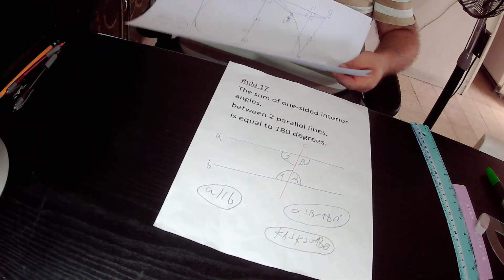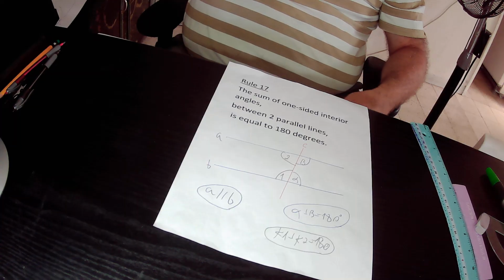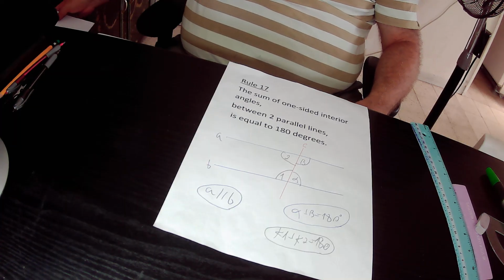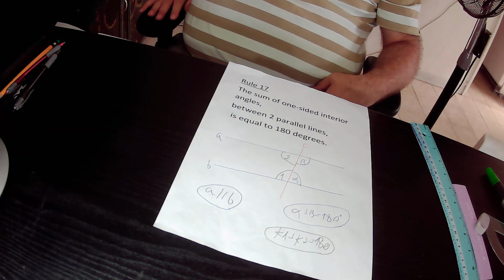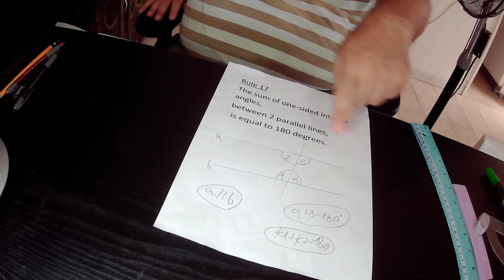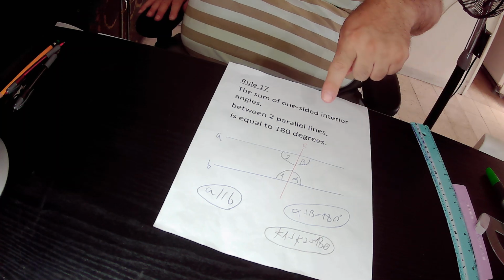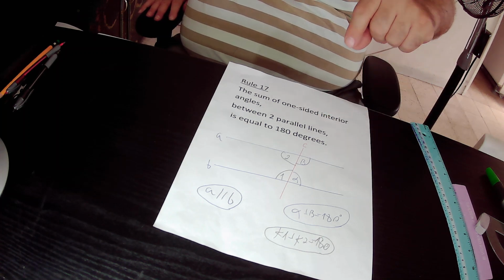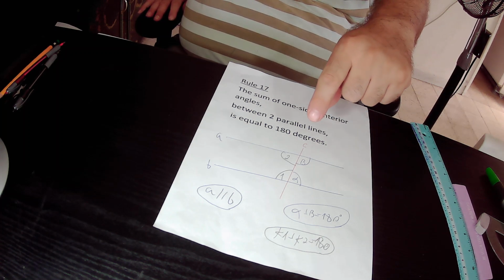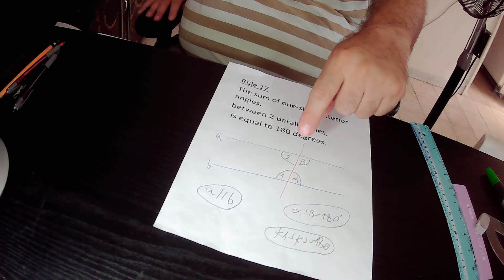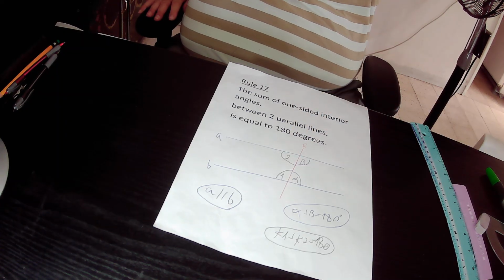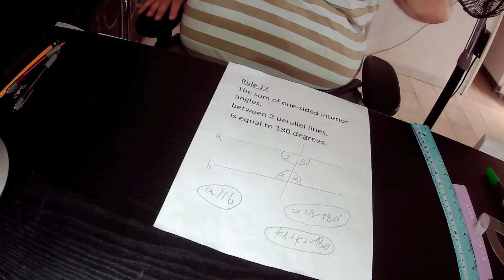According to rule 17, the sum of one-sided interangles that are located between two parallel lines is equal to 180 degrees. So in the drawing, we have line A that is parallel to line B. The red line C intersects with those two parallel lines A and B at those two points. In addition, we have those two angles alpha and beta.